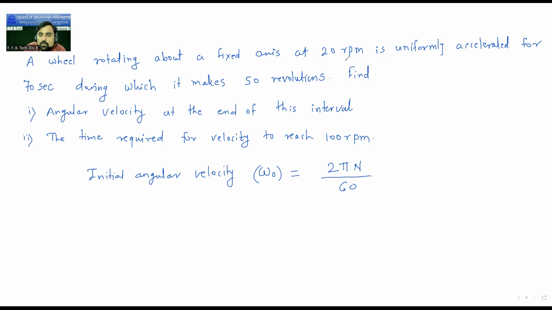If the revolutions per minute is given to you, convert this into revolutions per second. That is why it is divided by 60. And if you multiply the revolutions by 2 pi, then you will get it in radian.